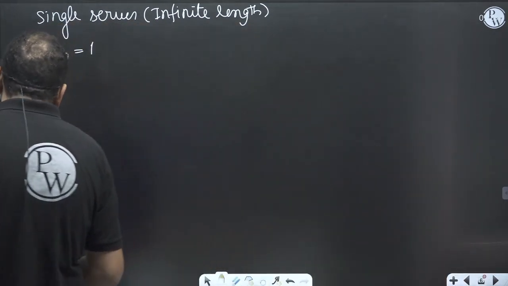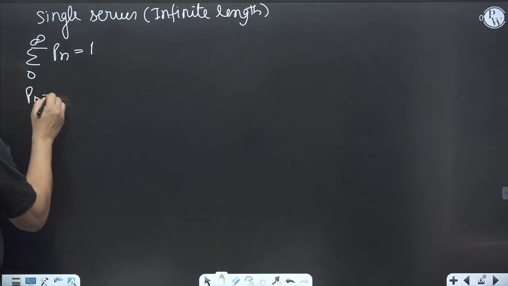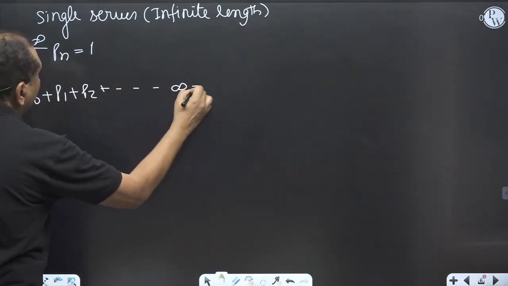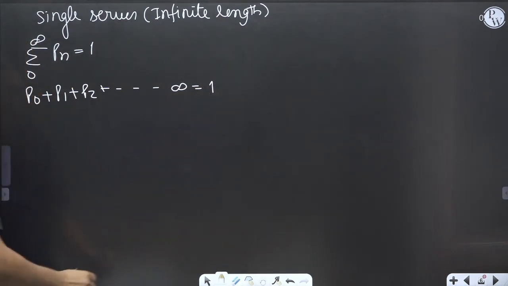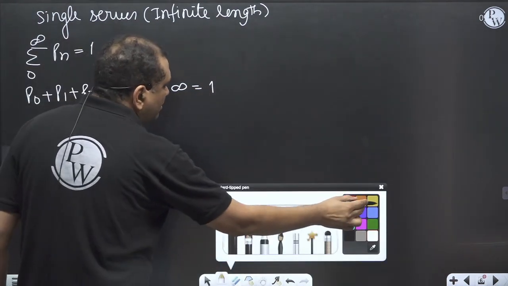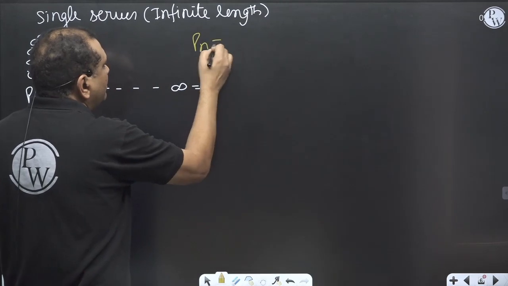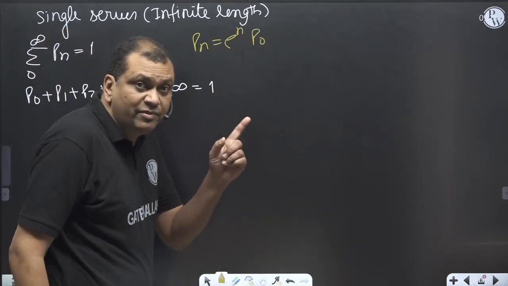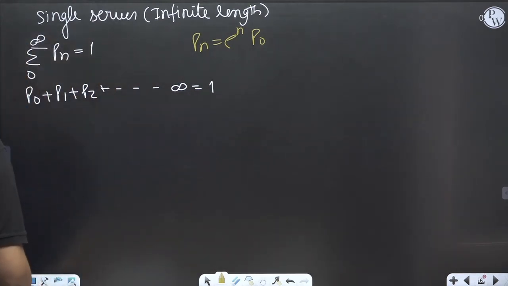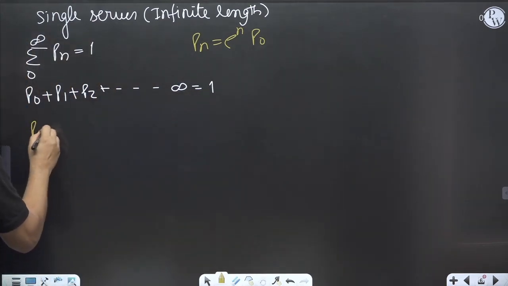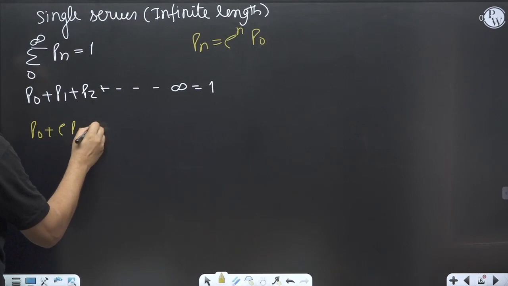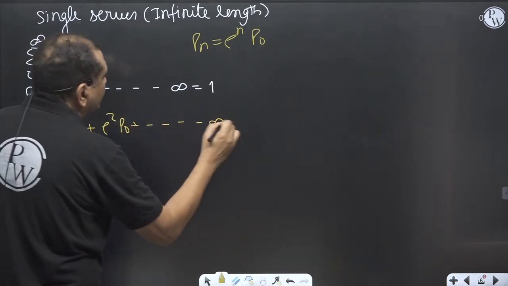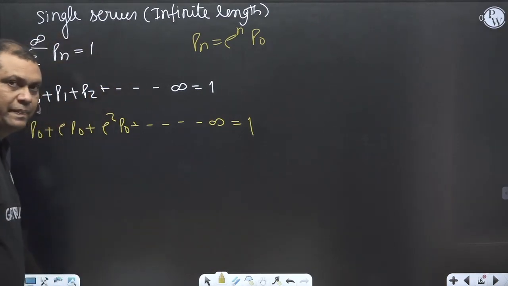So here I can say P0 plus P1 plus P2 and so on should be equal to 1. And Pn is rho raised to power n P naught, rho being lambda by mu. Put it here: P naught plus rho P naught plus rho square P naught, going up to infinity, should be equal to 1.